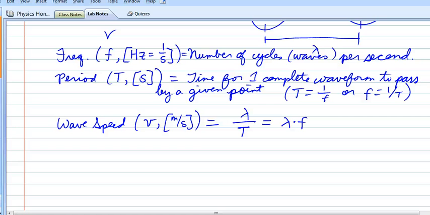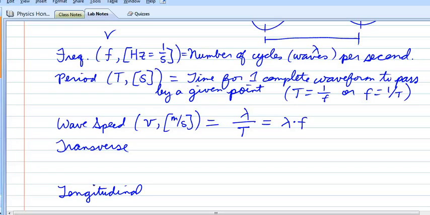And finally, let's talk about the two major types of waves. We have transverse and longitudinal. And it all has to do with what the wave is doing, the particles that sort of compose the wave, compared to the direction the wave travels.